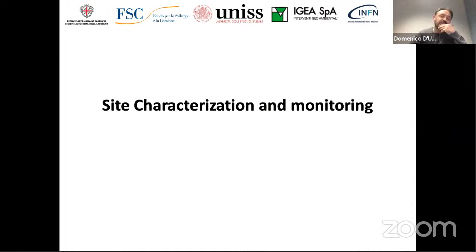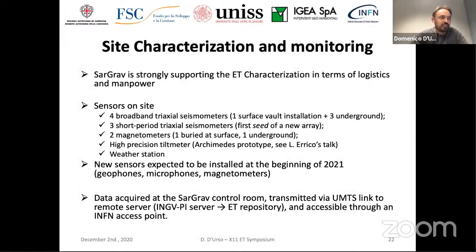The last line, but not least, is the site characterization and monitoring of the site. The laboratory is giving logistic support to the characterization activity for ET, and Sos Enattos is just nearby one of the vertices of the triangle. So it's supporting the activity in terms of logistics and manpower.